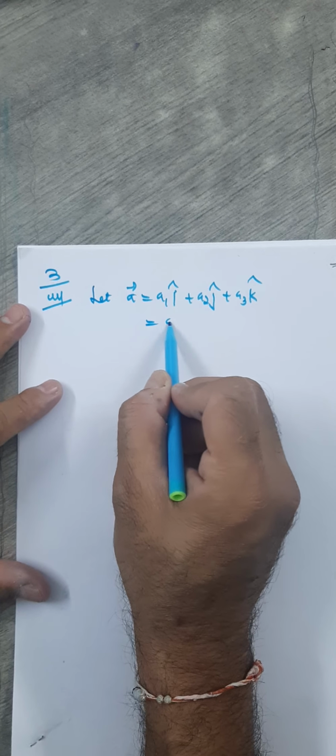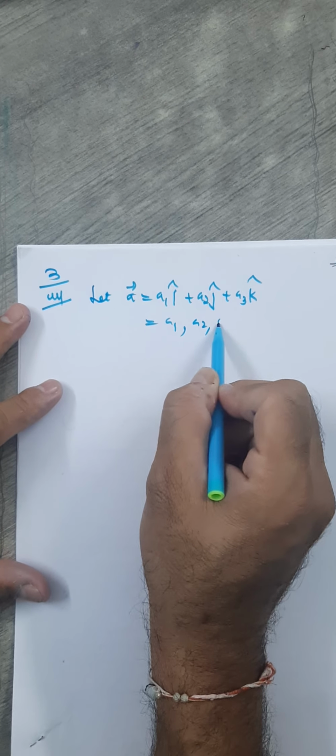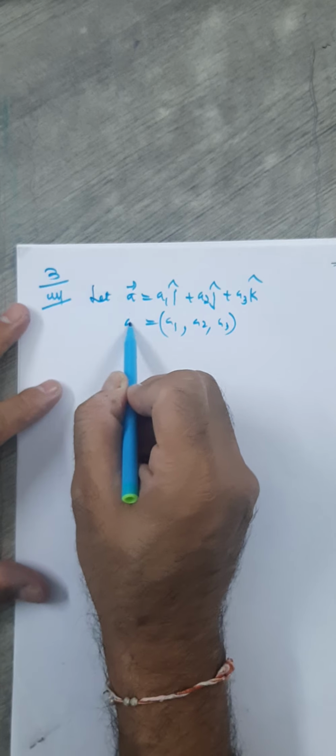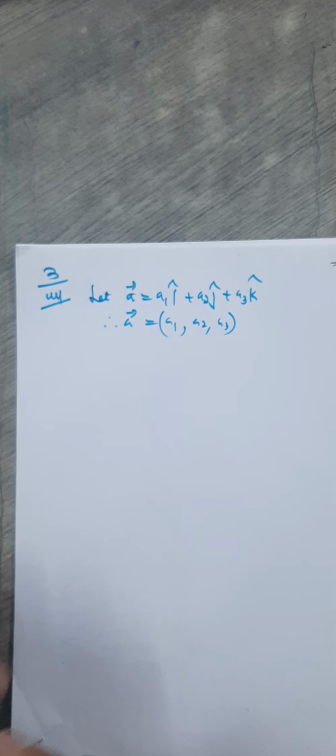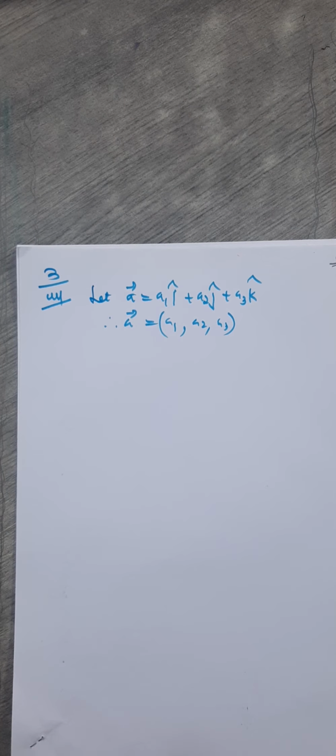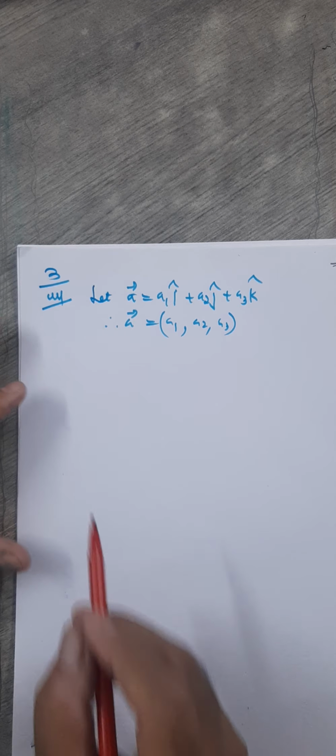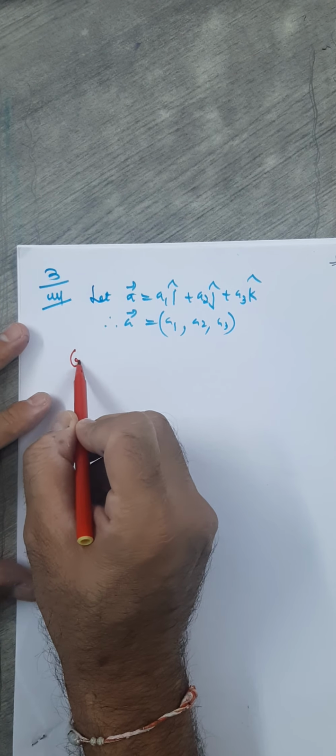You can just write A1, A2, A3 in the form of scalar components of the vector A. We want this vector. That means you want A1, A2, A3 indirectly, which makes pi by 3 with i cap, pi by 4 with j cap, and theta with k cap, and hence find theta and components of this. So we are given these three things here, remember.